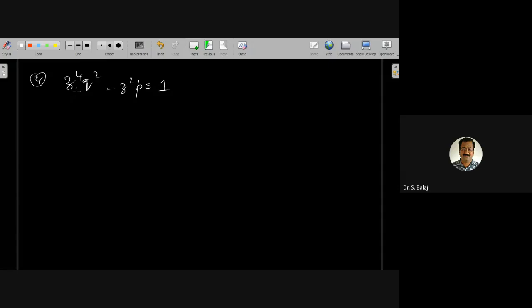Fourth one, we take another problem: z power 4 q square minus z square p equal to 1. It is of the form z power k p, z power k q.